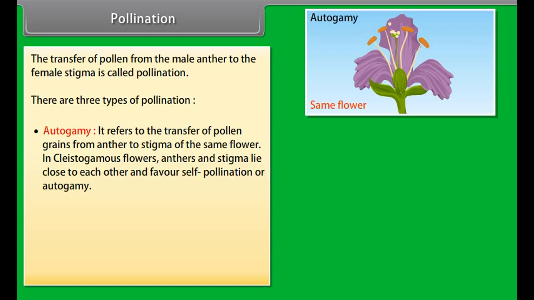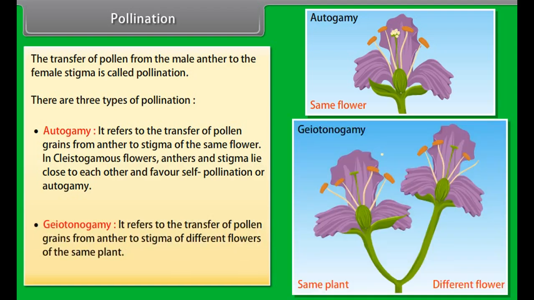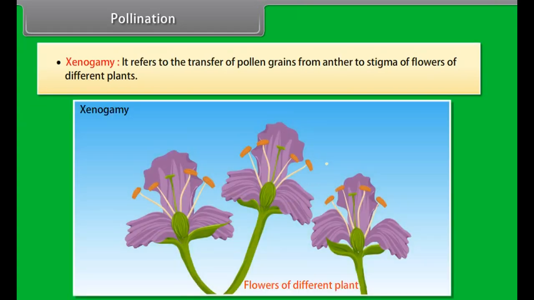In cleistogamous flowers, anthers and stigma lie close to each other and favor self-pollination or autogamy. Geitonogamy refers to the transfer of pollen grains from anther to stigma of different flowers of the same plant. Xenogamy refers to the transfer of pollen grains from anther to stigma of flowers of different plants.